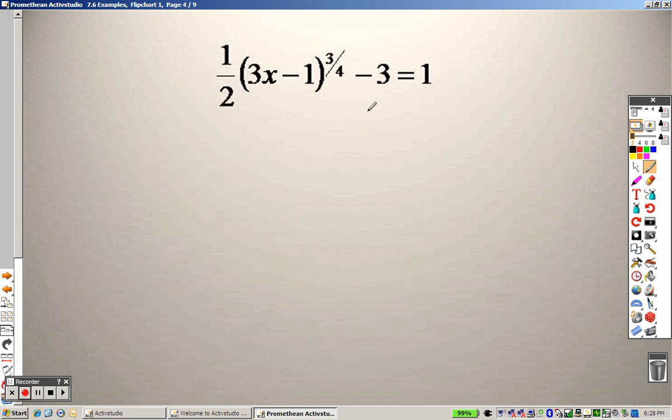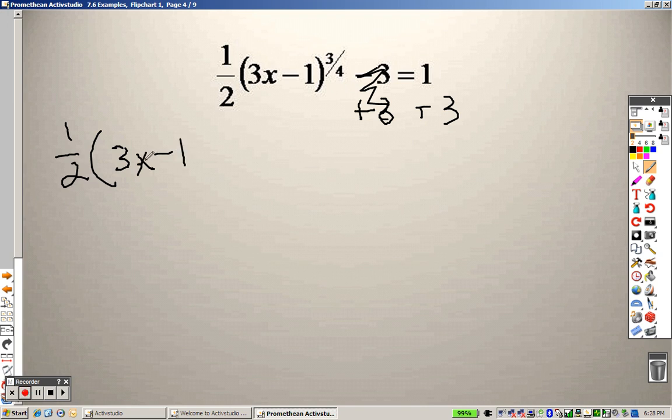The next one, same way of solving the problem. I would add 3 to both sides because I'm trying to get all of this in parentheses by itself. So I get 1/2 times (3x minus 1) to the 3/4 equals 1 plus 3, which is 4.